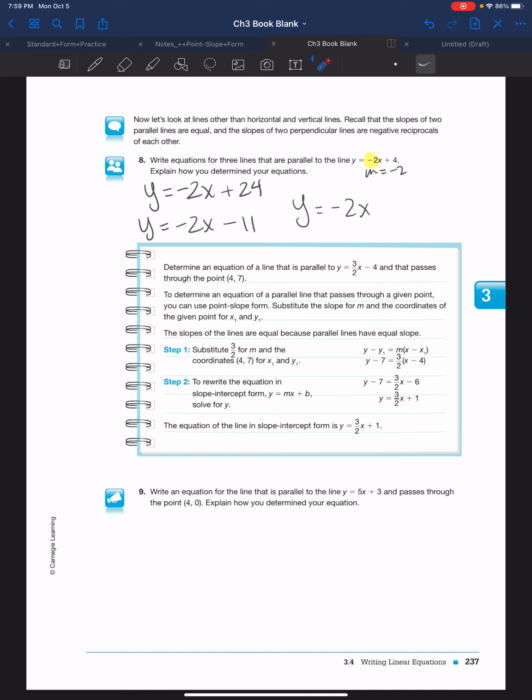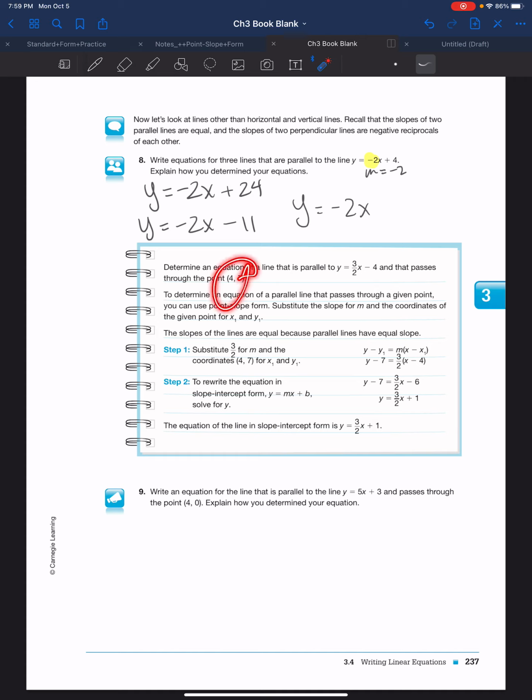But the directions for the question say to determine an equation of a line that is parallel to y equals 3/2 x minus 4 and that passes through the point 4, 7. So you'll notice here I've been given a point, and since I'm making a function that's parallel to y equals 3/2 x minus 4, I can get the slope from this line. So we should be thinking, oh, of course, we're going to use point slope form.